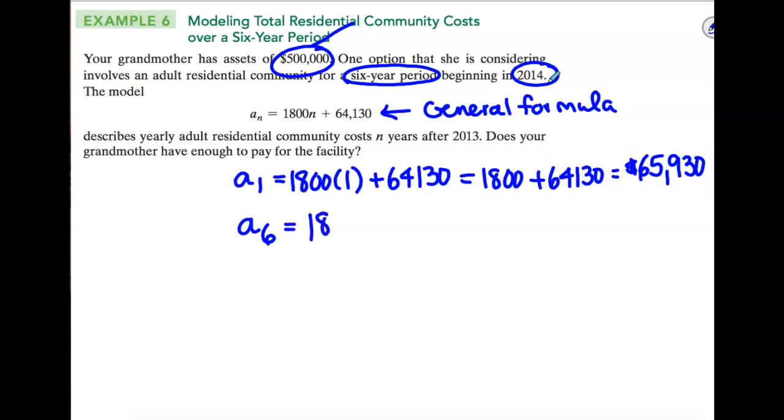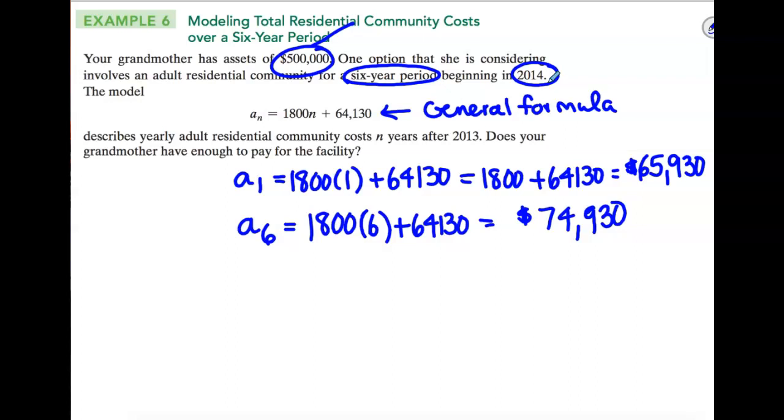So I'm going to take 1,800, substitute 6 in for N, and I get the cost that last year that she's in her residential community. So this is the value of her first year and then 6 years later.